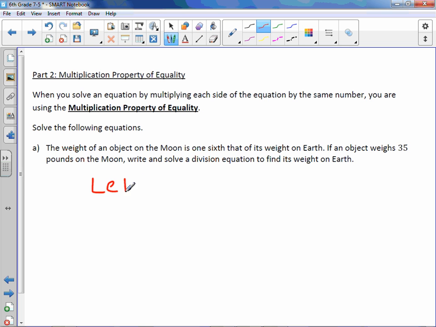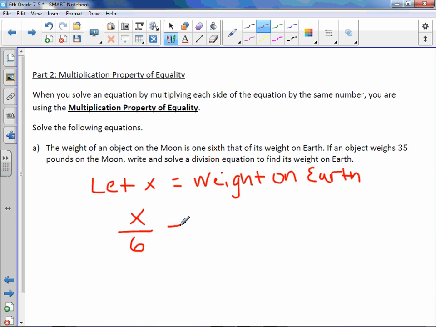So, let x equal weight on Earth. So really what we're doing is we're taking the weight on Earth and dividing it by 6 to get the weight on the moon. And I know that because it said that the moon was 1/6.